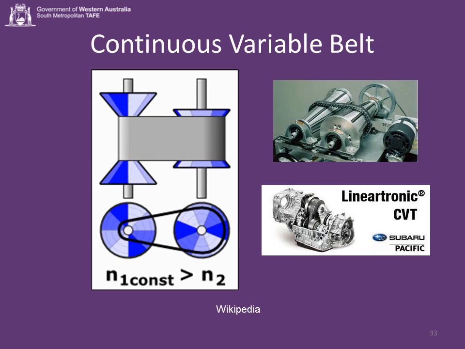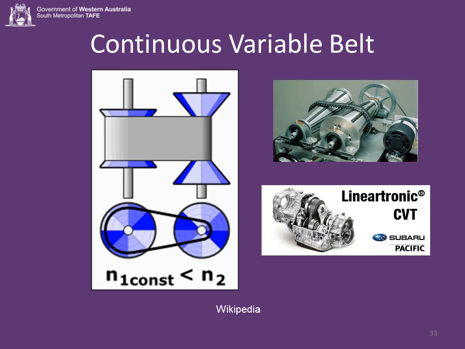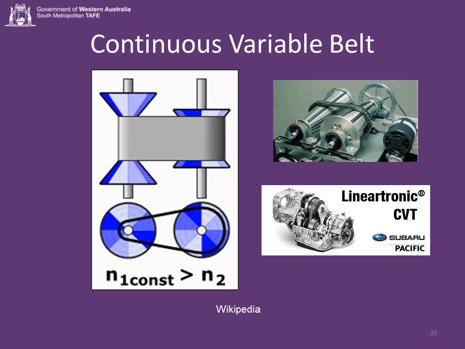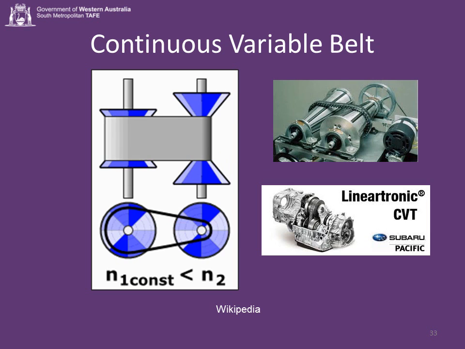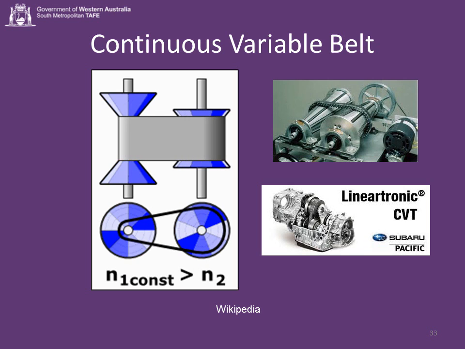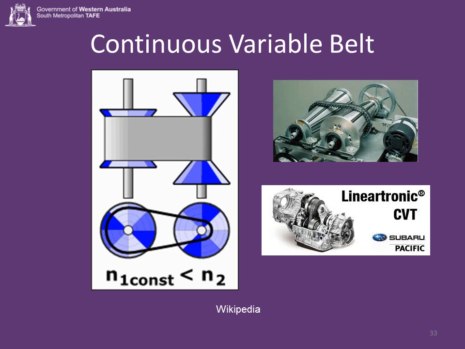When power is more important than economy, the ratio of the CVT can be changed to allow the engine to turn at the RPM at which it produces greatest torque. This is typically higher than the RPM that achieves peak efficiency. In low mass, low torque applications, such as motor scooters, a belt-driven CVT also offers ease of use and mechanical simplicity.